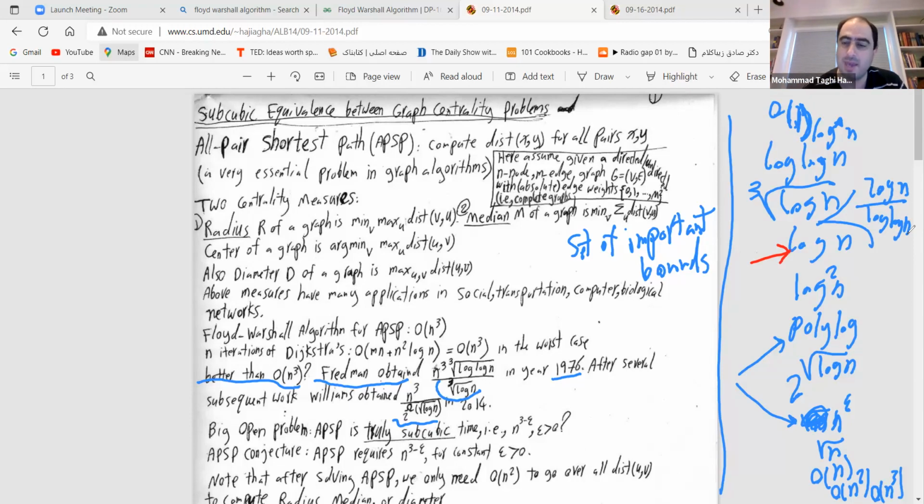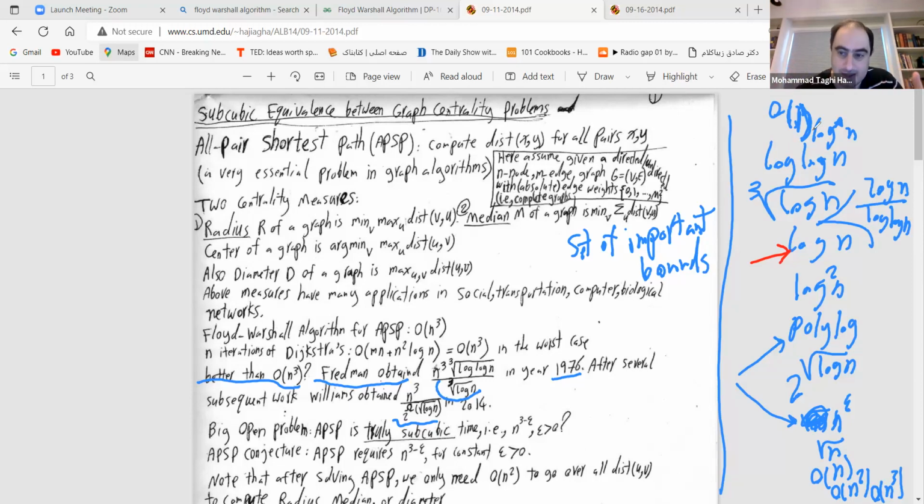If somebody has obtained one bound in any area that you are working, the question is, can you go a little bit lower and get one of the lower ones? I think it's a very good set to memorize: if somebody obtained log n, can you get log n over log log n, or even third root of log n, or square root of log n, or log star n, or order one? This is almost never ending.